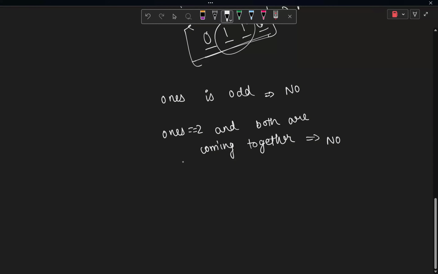And in all the other cases, which means that the number of ones is even and it is not having this kind of a case where it is impossible, in all the other cases, it would always be possible.